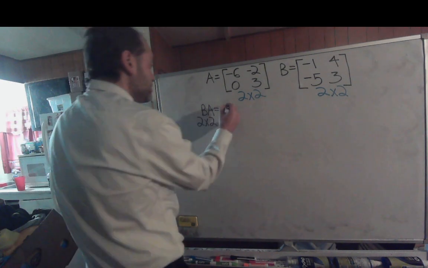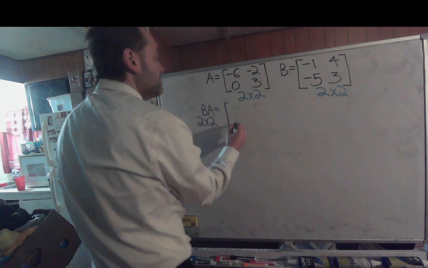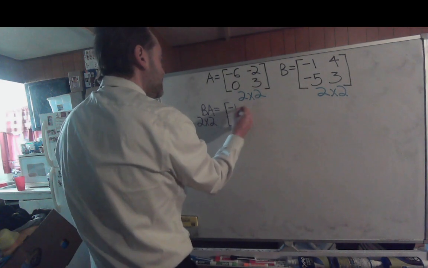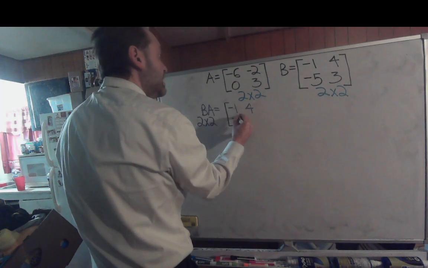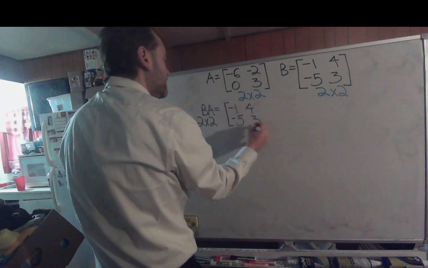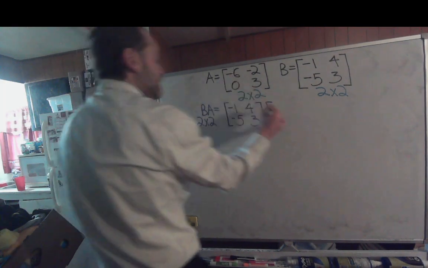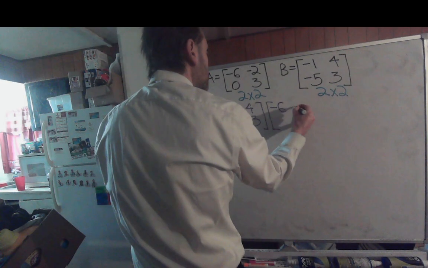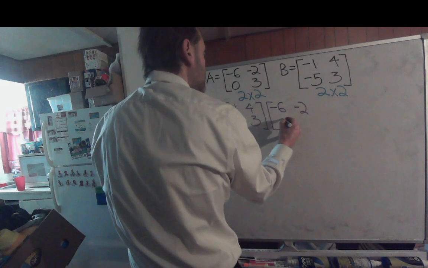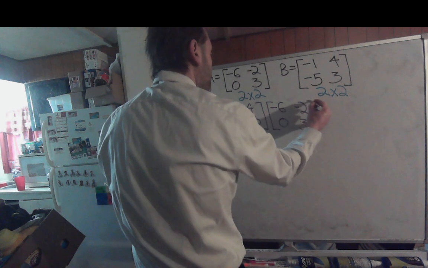So we'll take matrix B, which is negative 1, 4, negative 5, 3, times your matrix A, which would be negative 6, negative 2, 0, 3. All right.